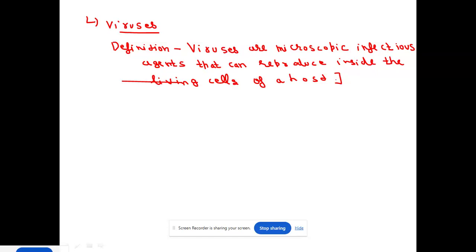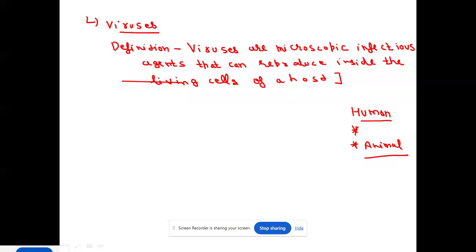All the living organisms are made up of the cell, and also your host. A host can be, for example, if a virus is entering inside the body of a human, so in that case that human will be the host. If a virus is entering inside the body of an animal, so in that case your host will be that particular animal.